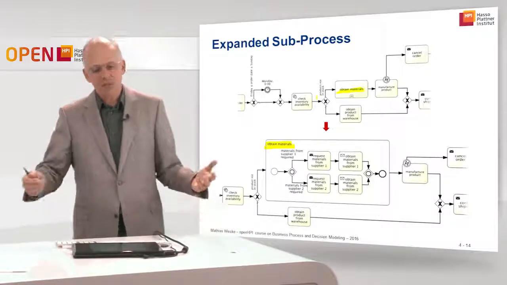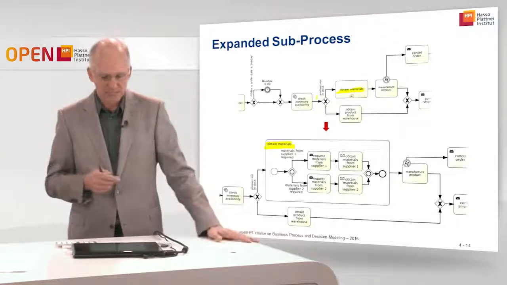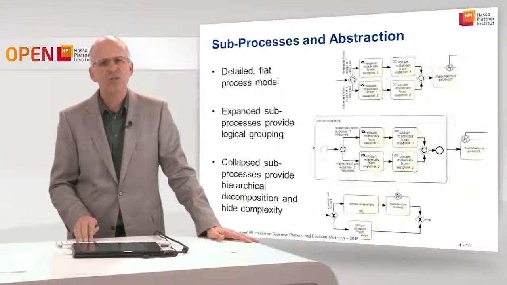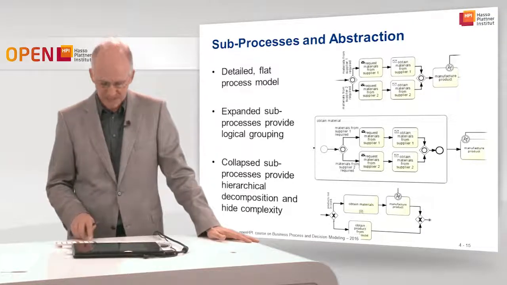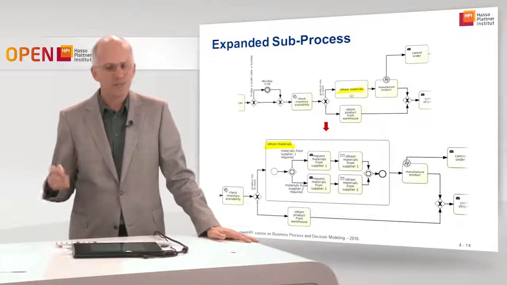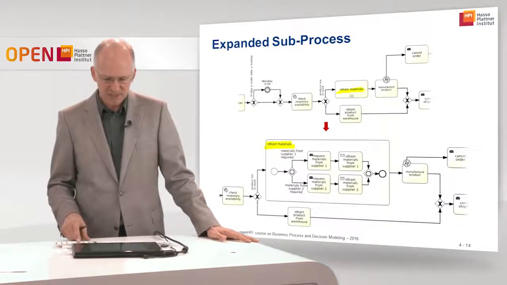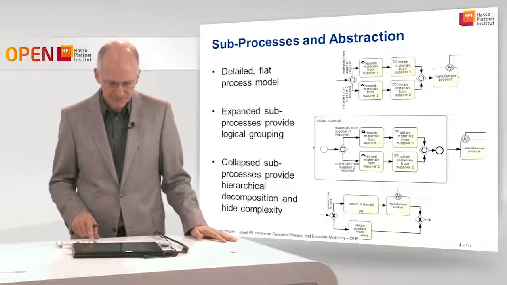And that gives you an idea about parts of the process that logically belong together. However, it does not really add to abstraction, to simplification, to hiding complexity. In terms of structure, it's even a bit more complex than it was before, but still it gives a visual impression of parts that logically belong together.